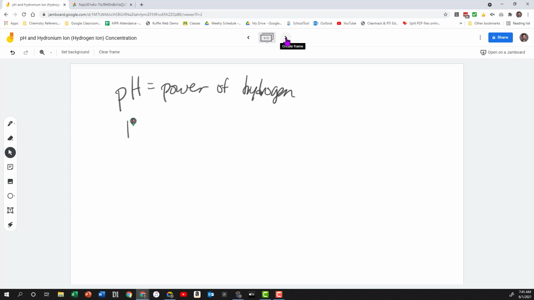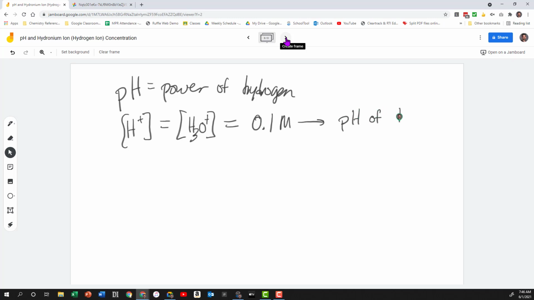If there's an H3O plus concentration of 0.1 molar, this is a pH of 1. And you might be like, that's a really small value, and that is true. That is a very low concentration. But you don't need a lot of H plus ions in solution in order to be very acidic.